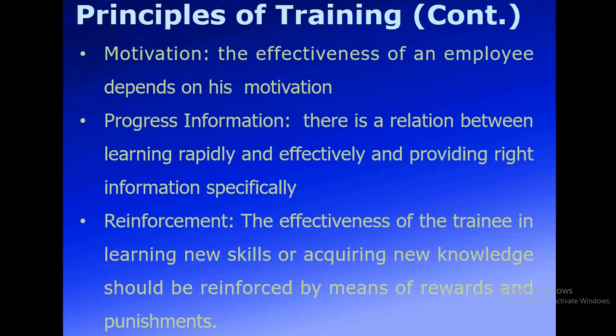The trainee also wants to learn a new skill without much difficulty and without receiving excessive information or the wrong type of progressive information. So, the trainer has to provide only the required amount of information specifically to the trainee.